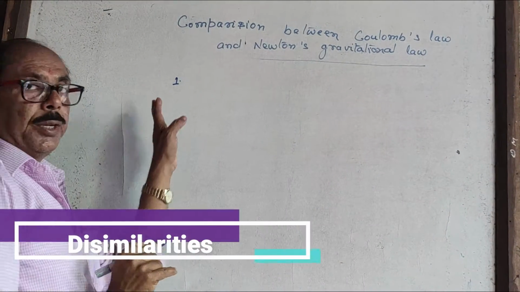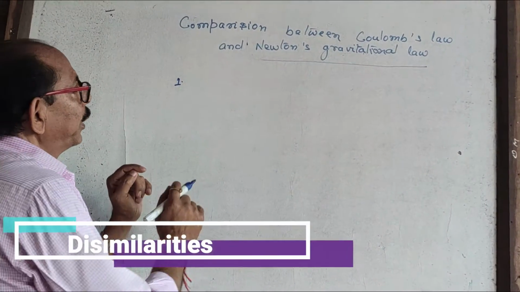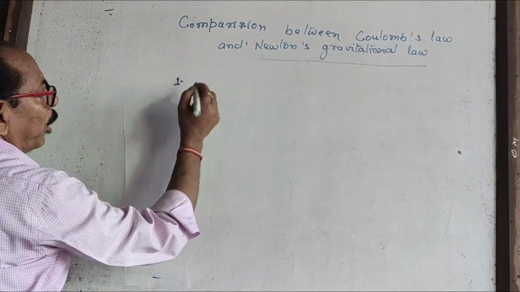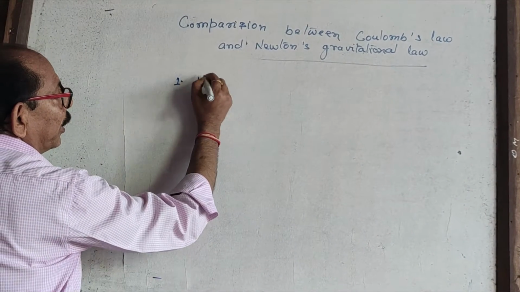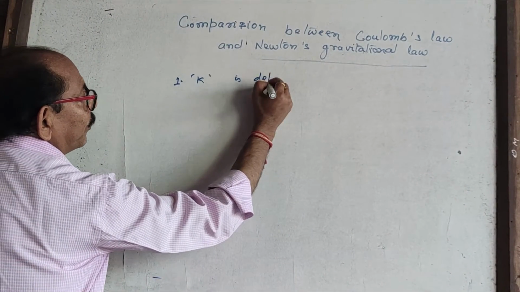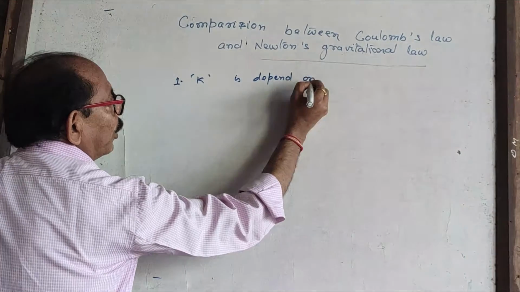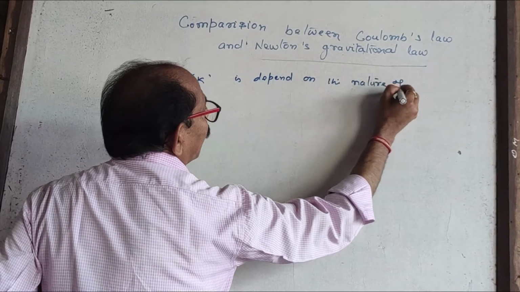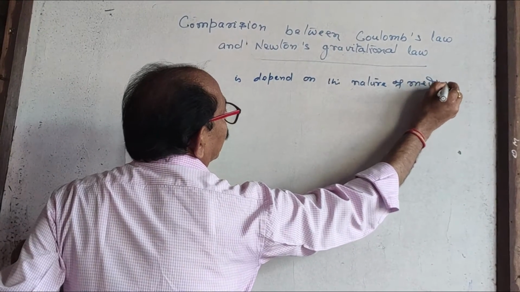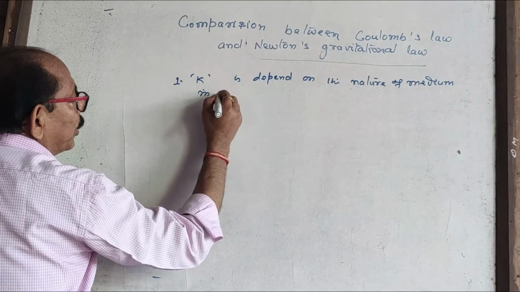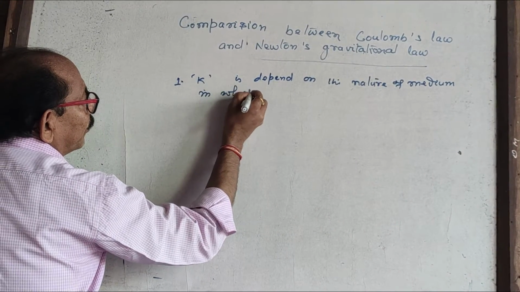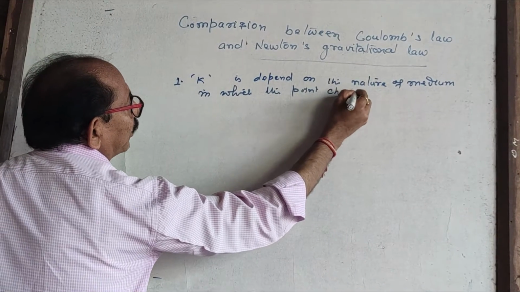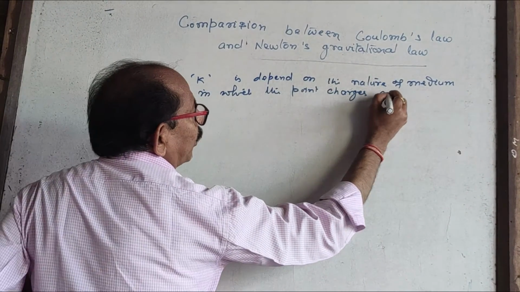We talk about the dissimilarity. First, the proportionality constant K for Coulomb's law depends on the nature of the medium in which the point charges are kept.